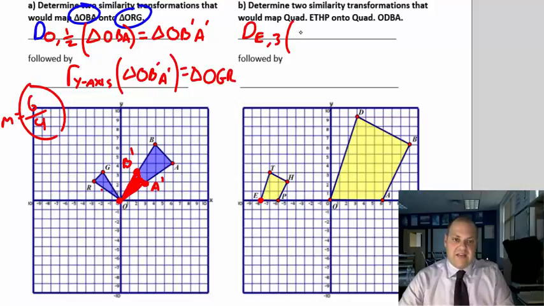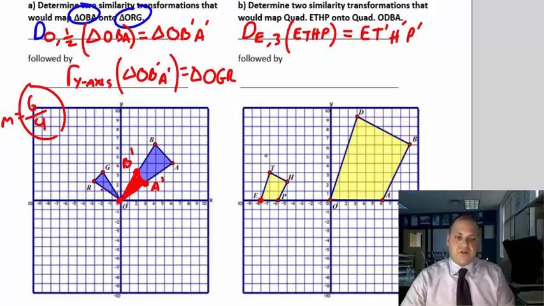We're dilating ETHP, and it's going to equal E T prime H prime P prime. We're going to find the primes. Okay, so let's do the dilation first. So I got a triple. It's 2. I got to go to 6. Boom, boom, boom, boom, boom, boom. So here's my P prime.